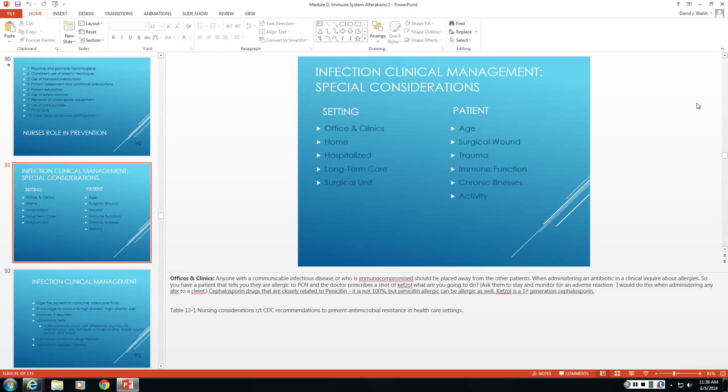When administering an antibiotic in a clinical setting, you want to inquire about allergies. So you have your patient tell you that they're allergic to penicillin and the doctor prescribes a shot of Kefsol. What are you going to do about it? Okay?